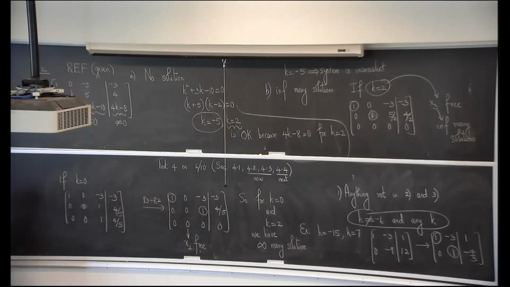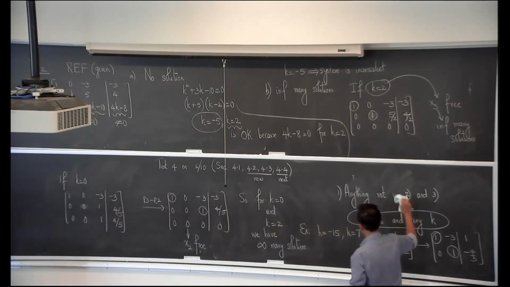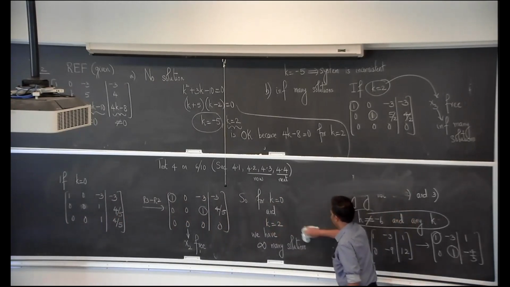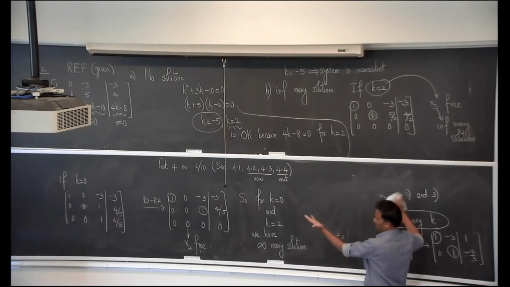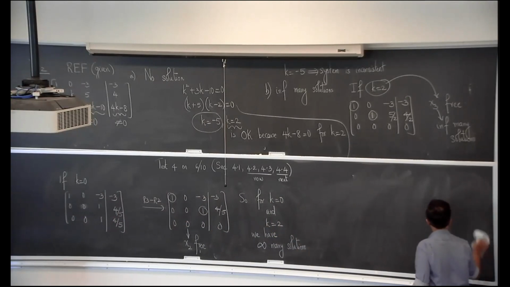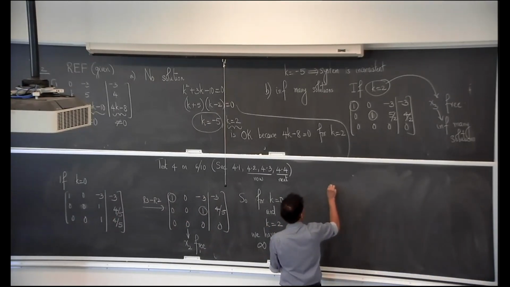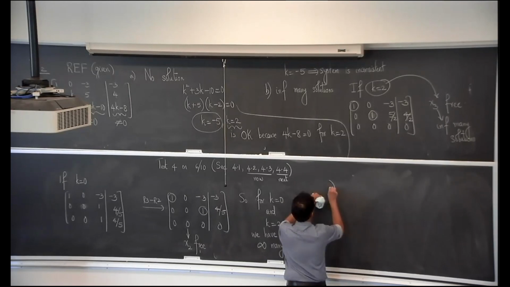Now the easy question, what are the values of k we should avoid to get a unique solution? K must not be equal to what, and what. Just all these three bad guys: 0, 2, and -5. Once you avoid those cases, part C, that's a unique solution.